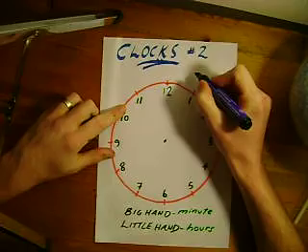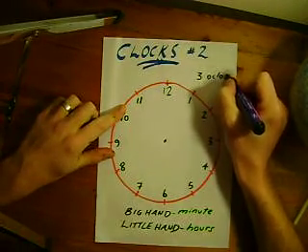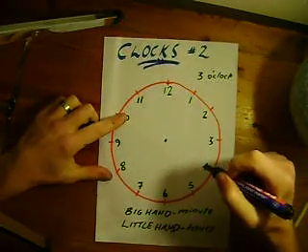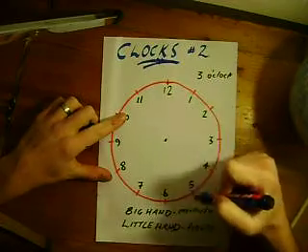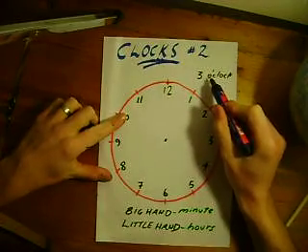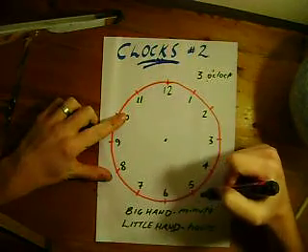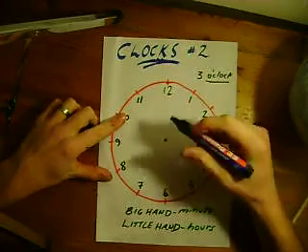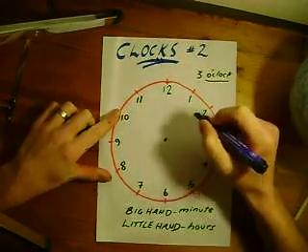So if we say 3 o'clock, the big hand always points to what? The minutes. It always points to the minutes. But if it's an o'clock, the big hand, the minutes hand, always points where? If you said the 1, you would be wrong.